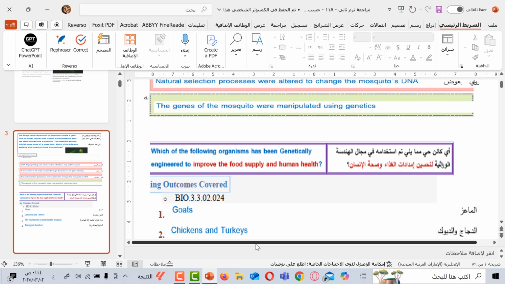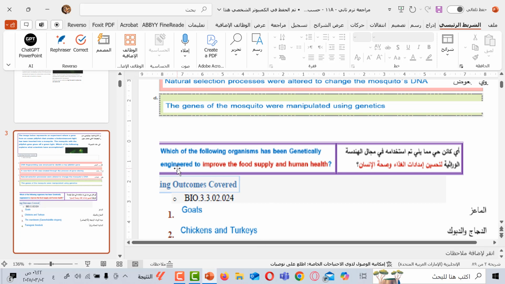The next question asks: which of the following organisms has been genetically engineered to improve the food supply and human health? So we will choose one of the examples here. It's connected with improved food, number one, and supplying health for humans.